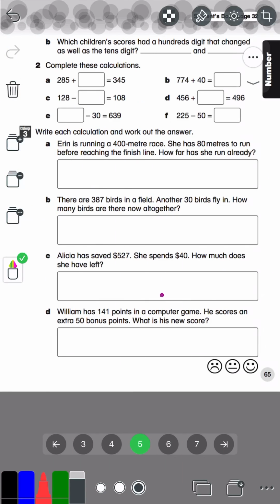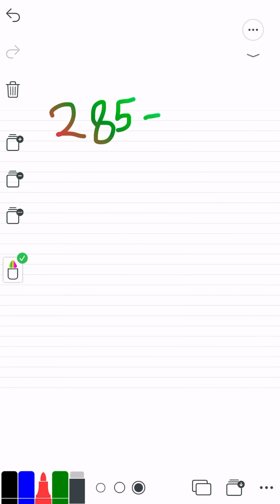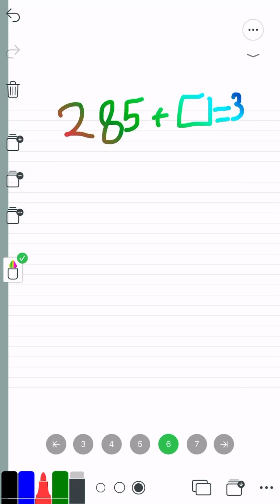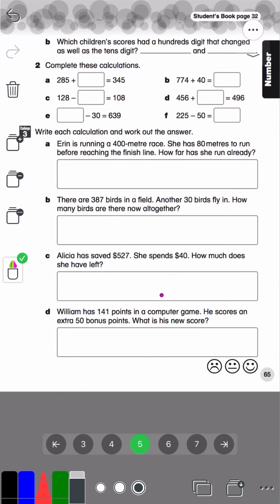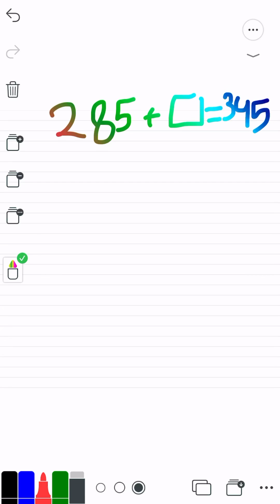Again, what was the question? 285 plus what equals 345. Whenever we have an unknown number here in addition, okay, when we add two numbers, one of them is missing, we have to do this.